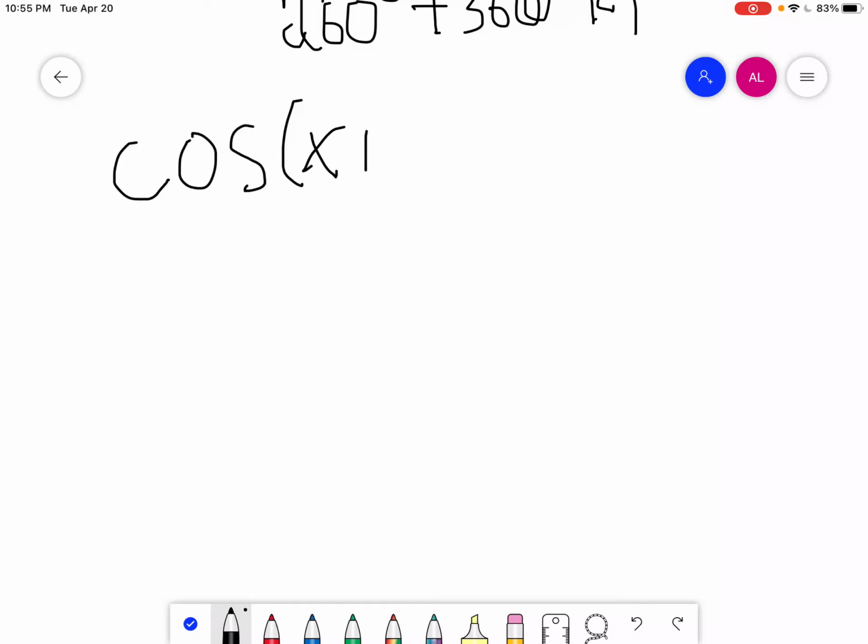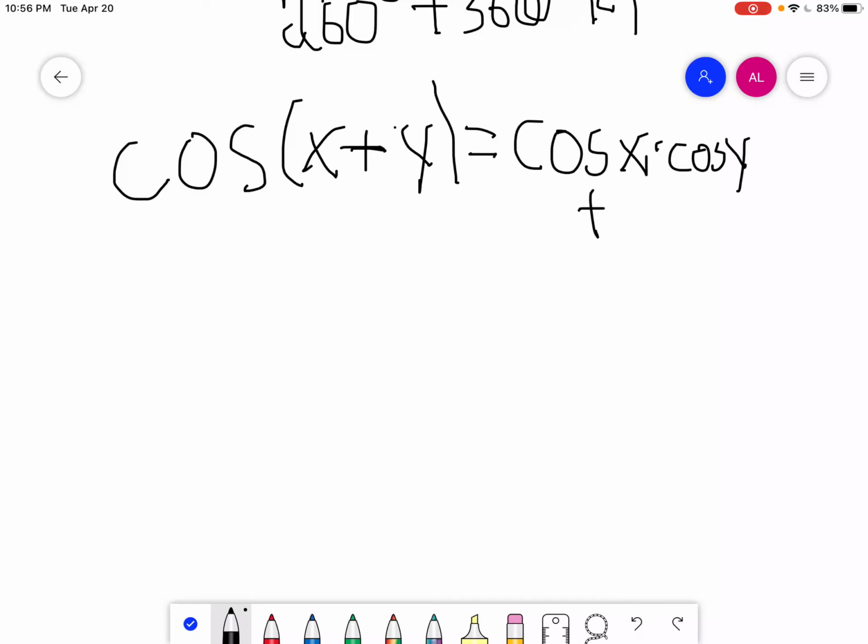So I claim that cosine of x plus y, which are two angles, is the same thing as cosine x times cosine y, oh, it's actually minus sine x times sine y.